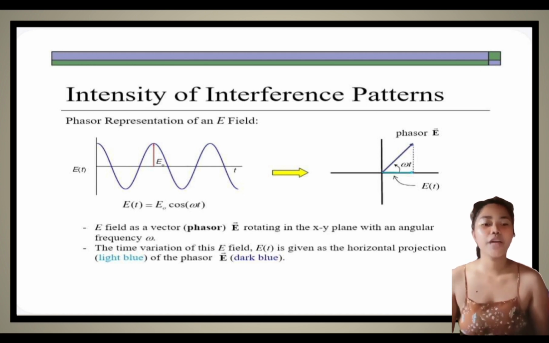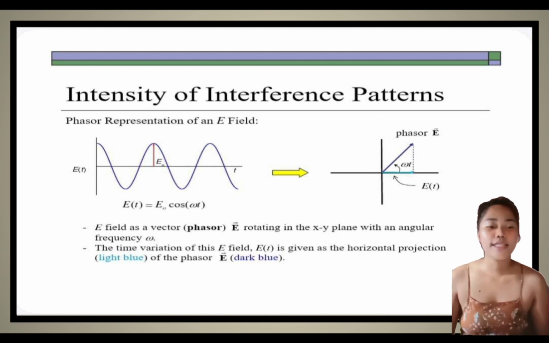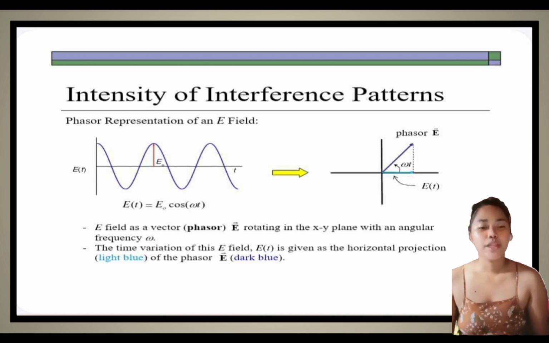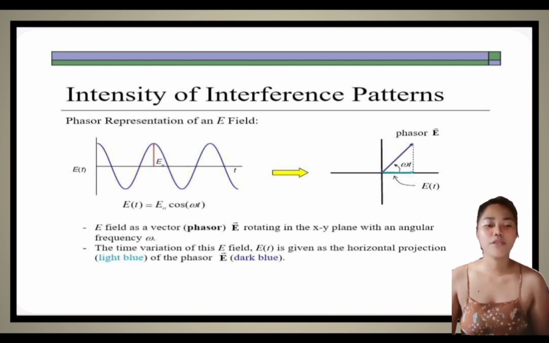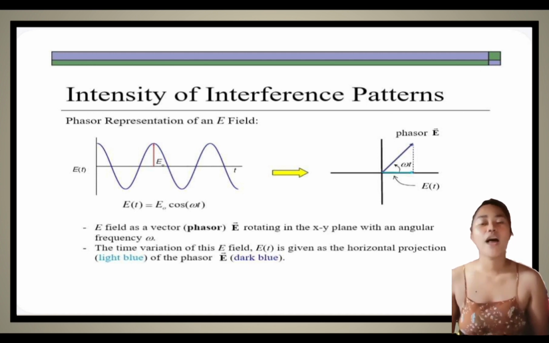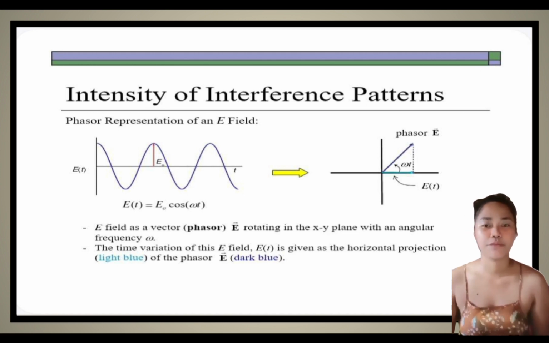So in here, the E field is a vector or phasor rotating in the x and y plane with an angular frequency. The time variation of this electric field is given as the horizontal projection, the light blue color, of the phasor, and the electric field is the dark blue color.